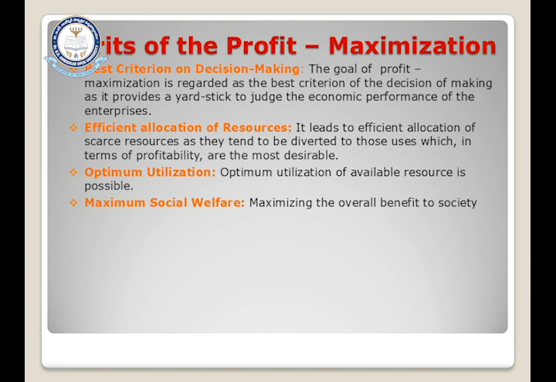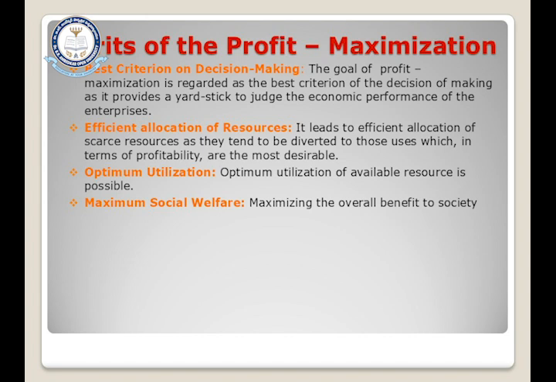We have to make an efficient utilization of resources, and these resources should be invested only in those projects or only in those types of investment alternatives where it is profitable, and profitability is the most desirable criterion. Apart from that, an optimum utilization of available resources is also possible because the investment is done only in those profitable projects, because the objective of the firm is to maximize the profits.